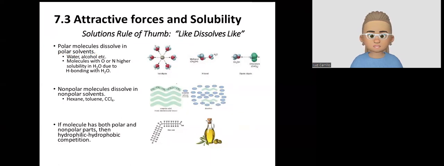If you have a polar molecule, a polar solvent needs to be selected because the attractive forces found between the molecules are going to allow them to make a homogeneous mixture.